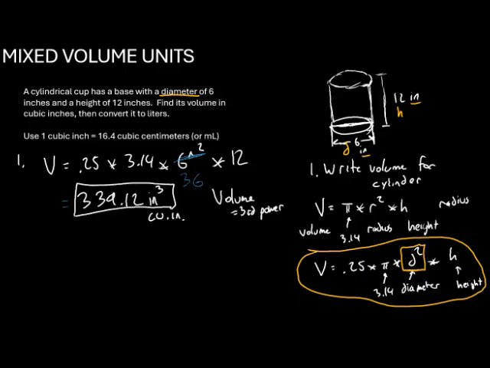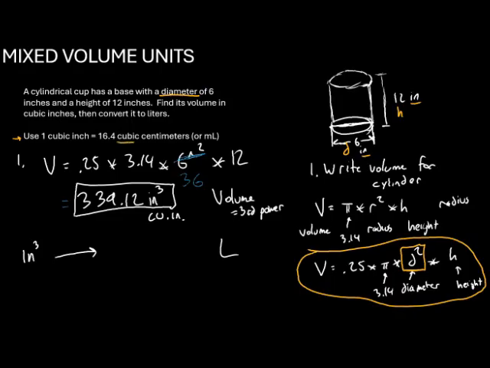Now that we have our cubic inches, we may try to convert this to liters. Let's start by writing that our beginning is cubic inches. Our end goal is to try to get liters. However, we do not have a direct conversion from cubic inches to liters. Instead, what I've given you is that 1 cubic inch is 16.4 cubic centimeters.